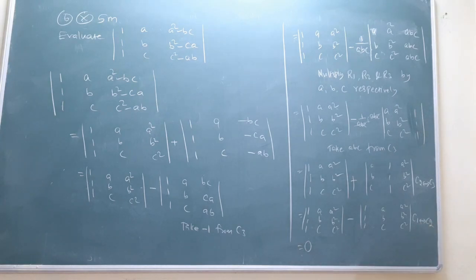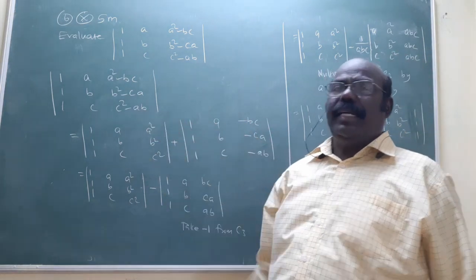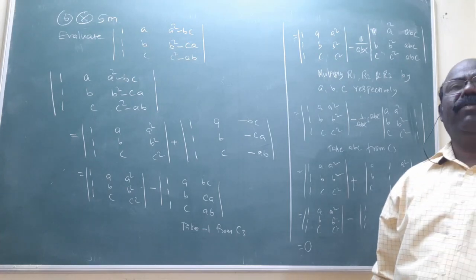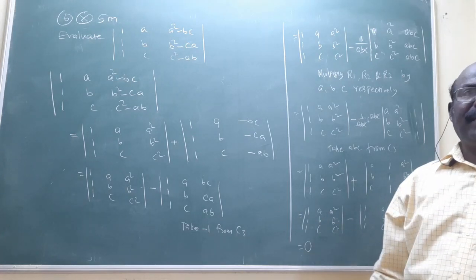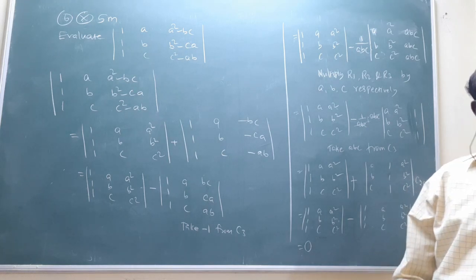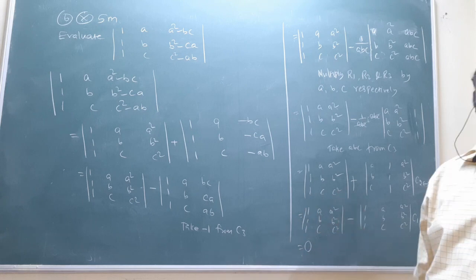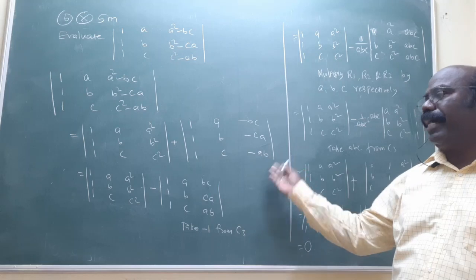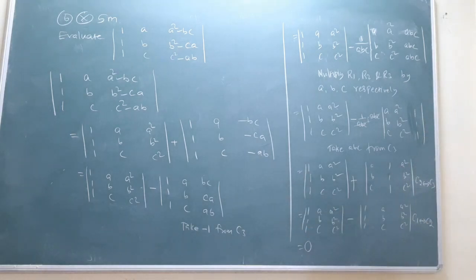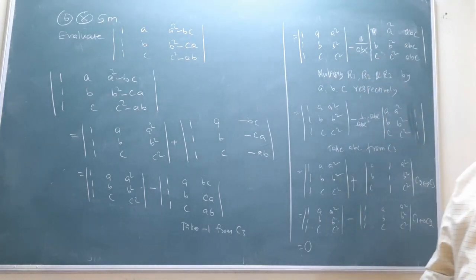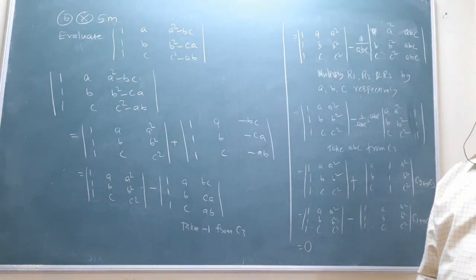Important 5-mark question. Give the reason clearly, then only we get the answer. First property: inside the determinant, if the sum of two elements is involved in any one of the rows or columns, you split it into the sum of two determinants. Then any one of the rows or columns having a common factor. After this, we want this here. That's why, if any of the rows or columns are multiplied by some number, it must be divided by the same number.